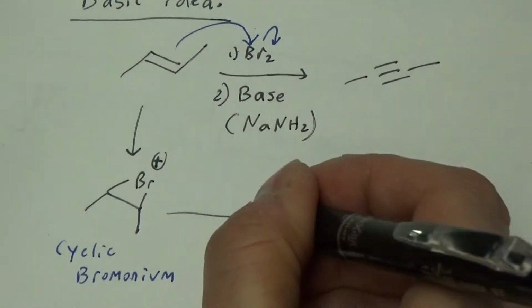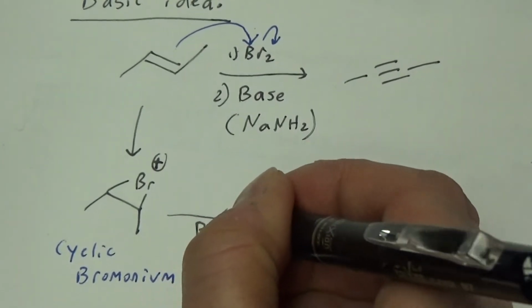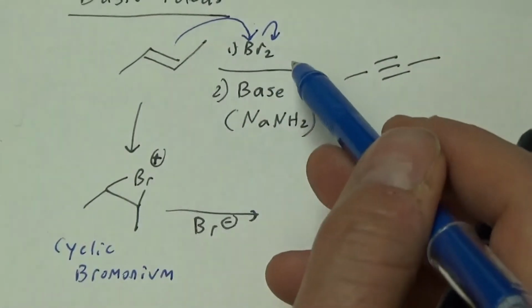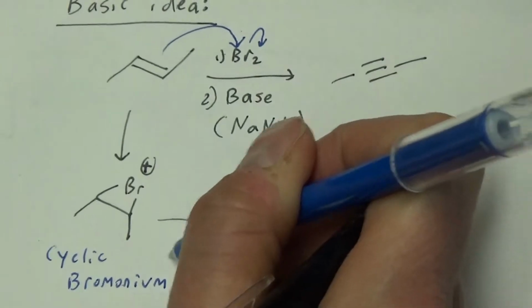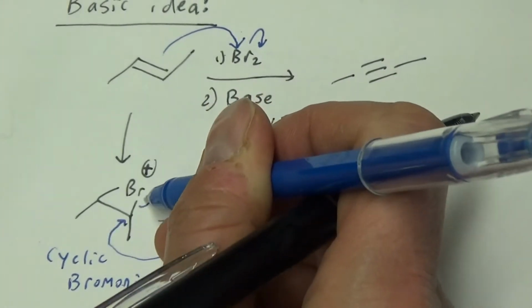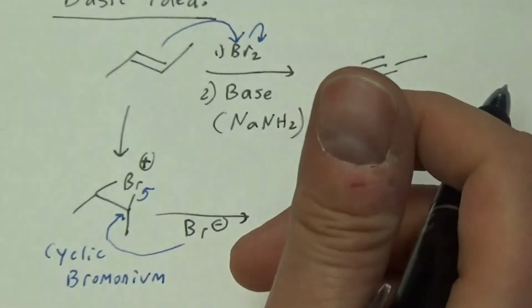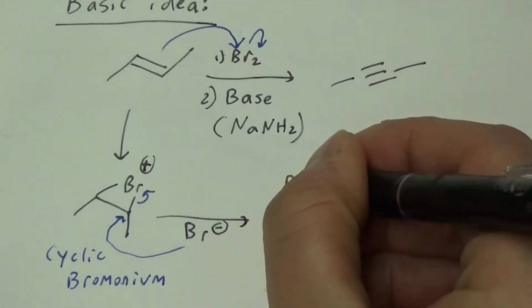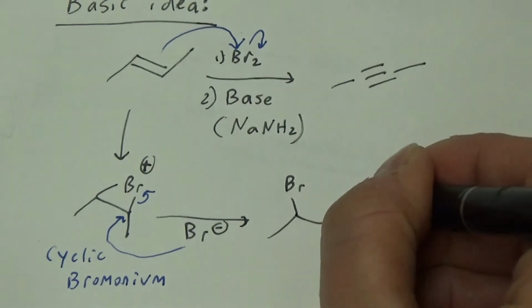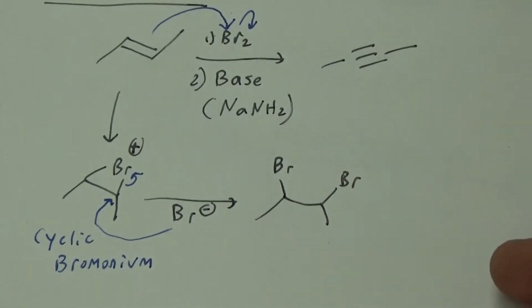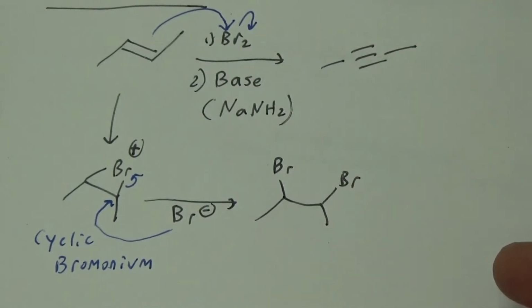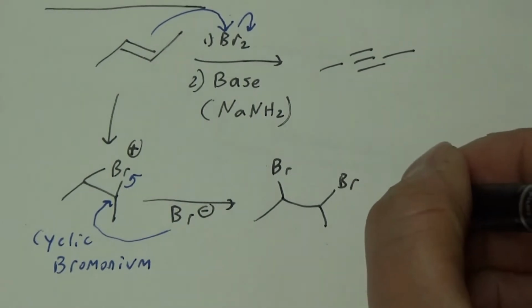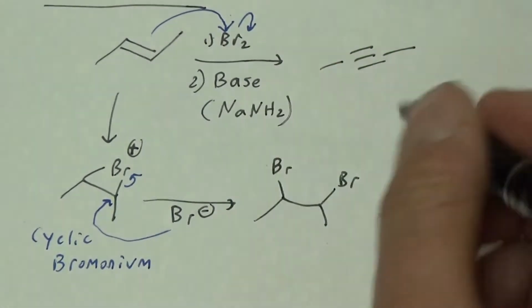Anyway, so then Br minus, which you created up top, attacks and opens it up, and now you get a 1,2 dibromide. Okay, so what happens to the 1,2 dibromide? Now we use our base, which is NaNH2.